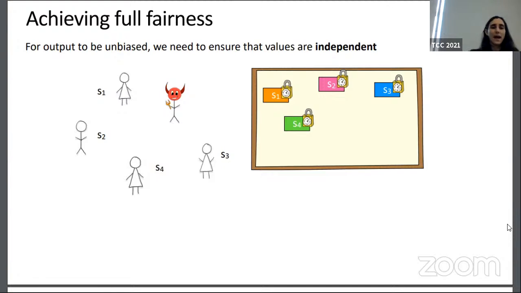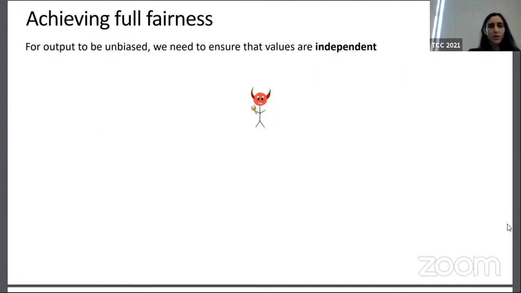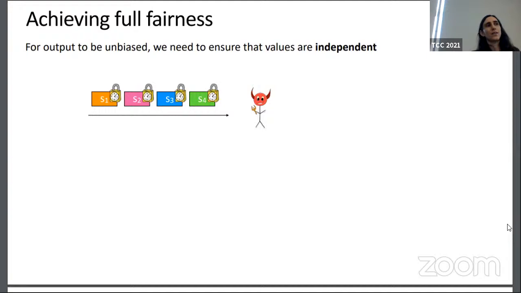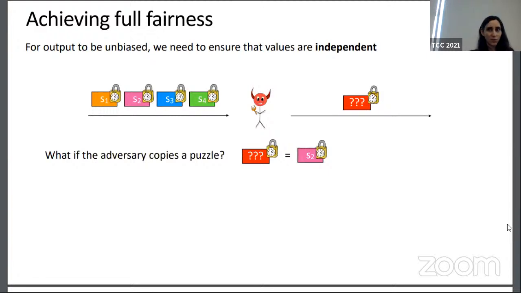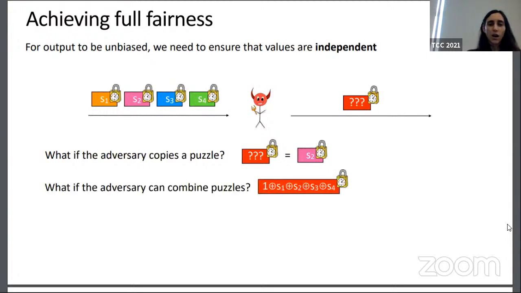Even taking this out of the context of the protocol, basically we have an adversary that is receiving or seeing a bunch of puzzles and is trying to output his own puzzle. And I want to ensure that his puzzle will be to a value that's independent of the input ones. But that's not necessarily the case, right? He could just copy the puzzle. That's not independent.